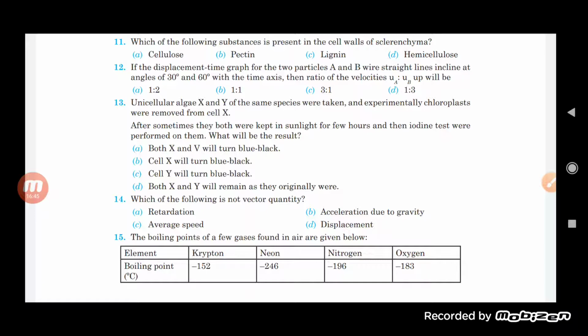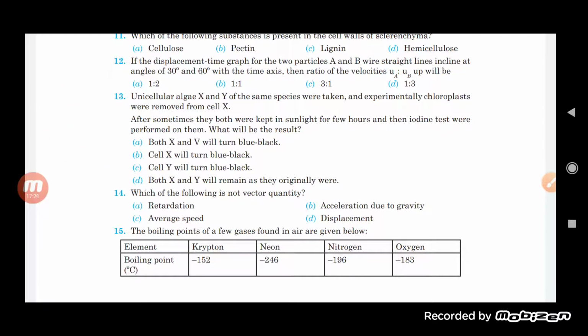So the displacement time graph for the two particles is inclined at an angle of 30 and an angle of 60 degrees. So the ratio of the velocity will be 1:3. So the correct option will be 1:3.